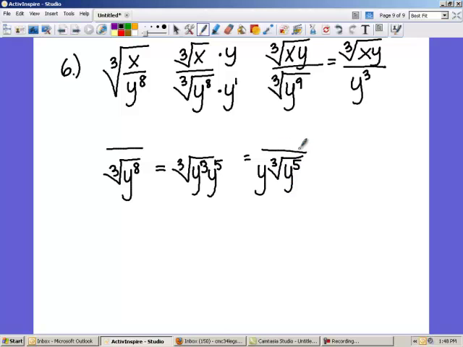And then you go to the next step, which would be to break down this 5. So 2 and 3, which then again you would also take out another y. Okay, so now we have y squared.